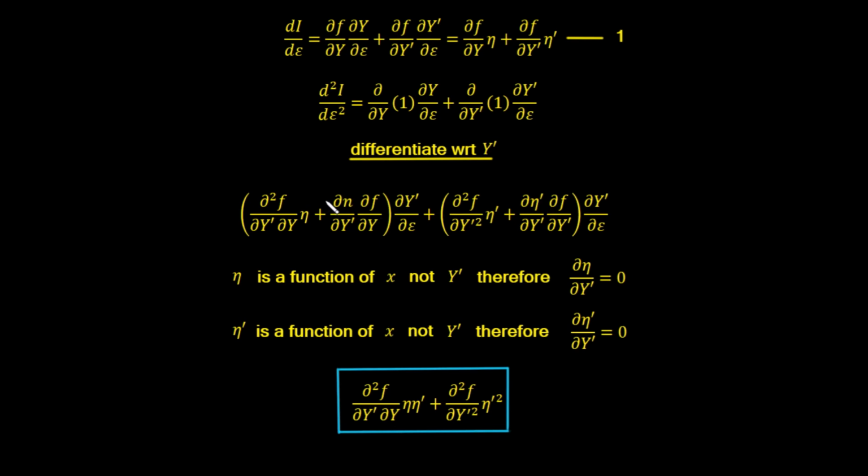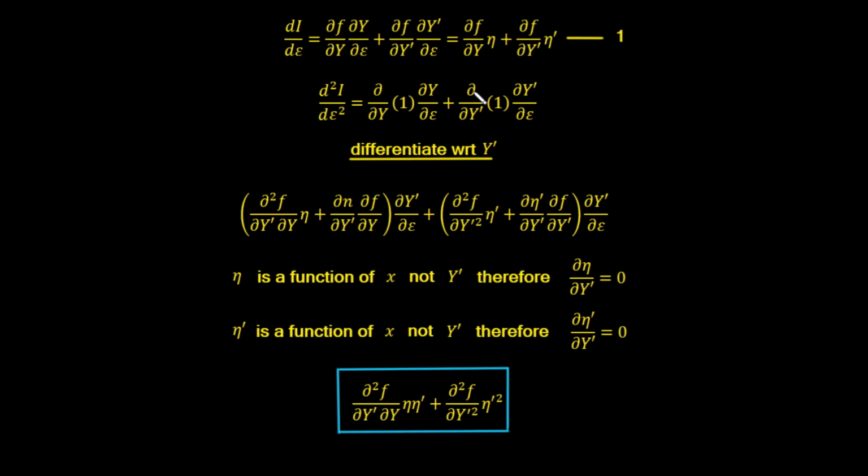So that's the partial eta by partial y derivative, and we multiply by the partial f by partial y. And finally, we're going to multiply what we have here with the partial y derivative by partial epsilon. So that's the partial y derivative by partial epsilon. So that's just done one part of it. So let's move on and we'll do the same for this part here.